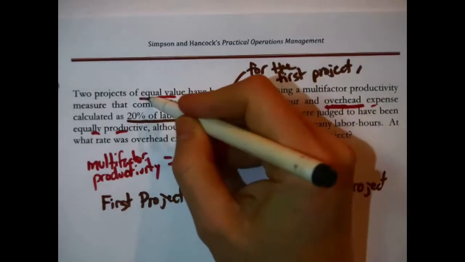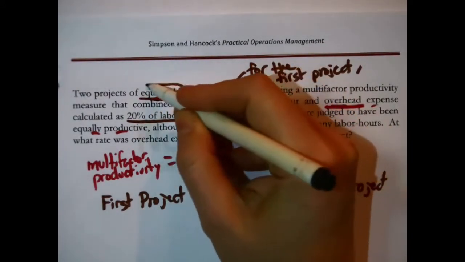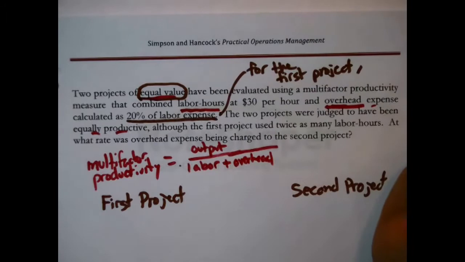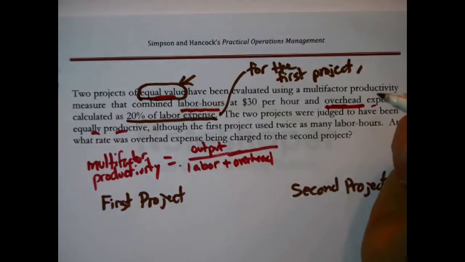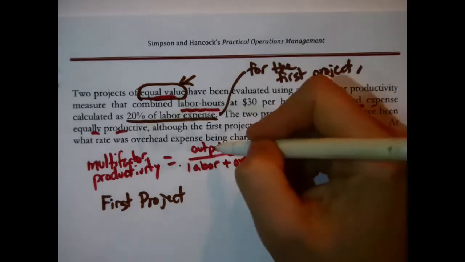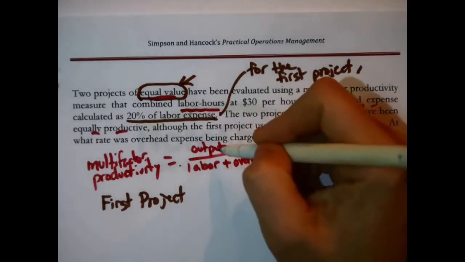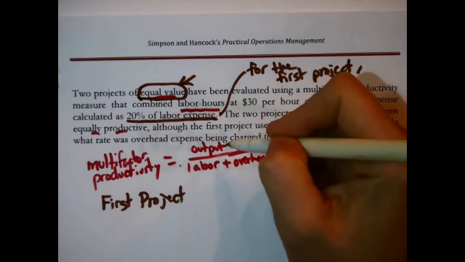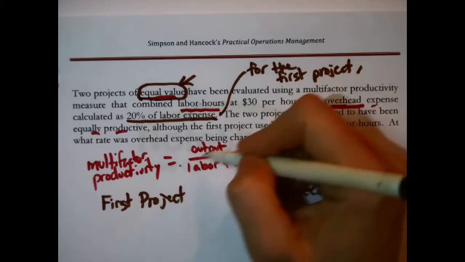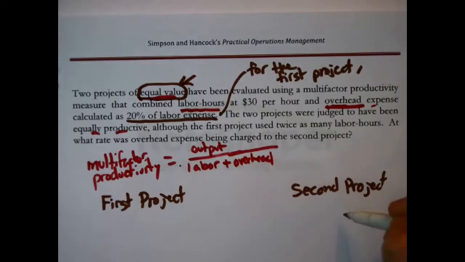Here's the ironic thing. We don't know what that number was, but notice that it said the two projects are of equal value. That means they have the same number in the numerator of their multi-factor calculation. I want to write that ratio for both the first project and the second project.